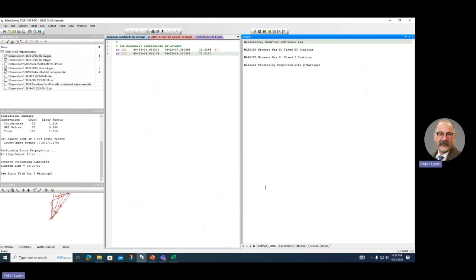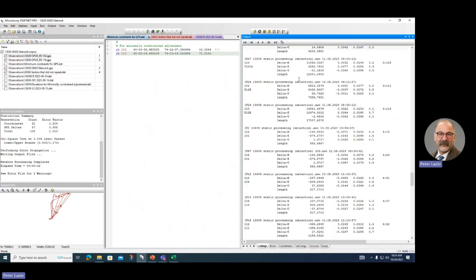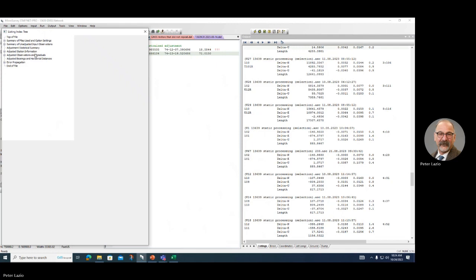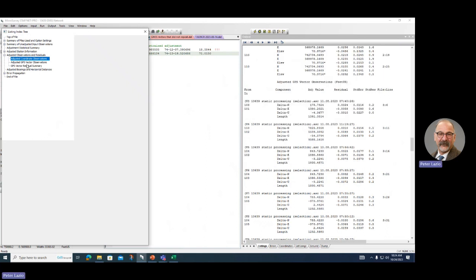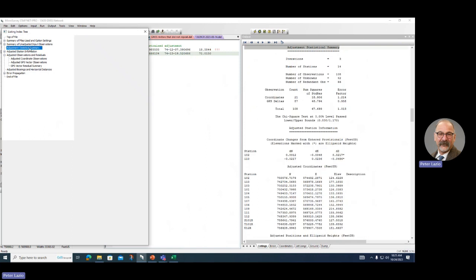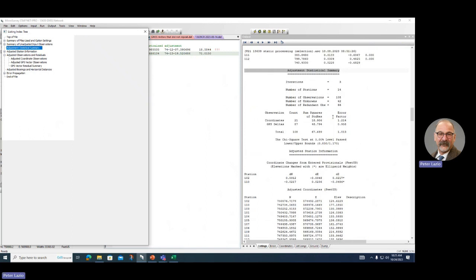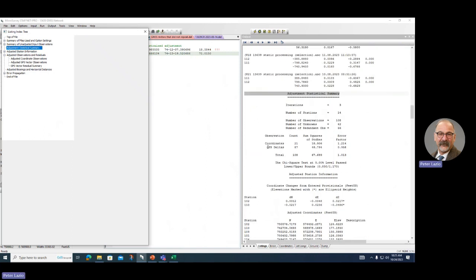go to my statistical summary. There we go, sorry. So I've got 21, so I got 7 OPUS RS, 3 and 4 on two different points.